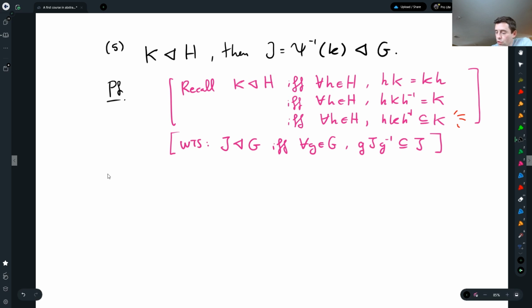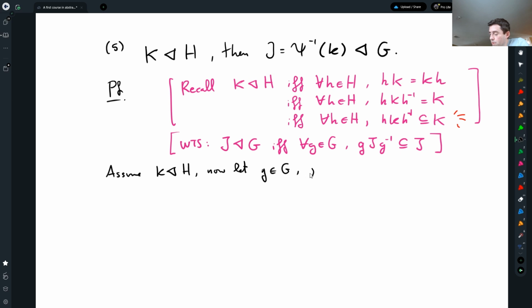So let's assume that K is normal in H, and now let g be in G and j be in J. Now J is the inverse image of K, so there is some k in K with psi of j equals k.